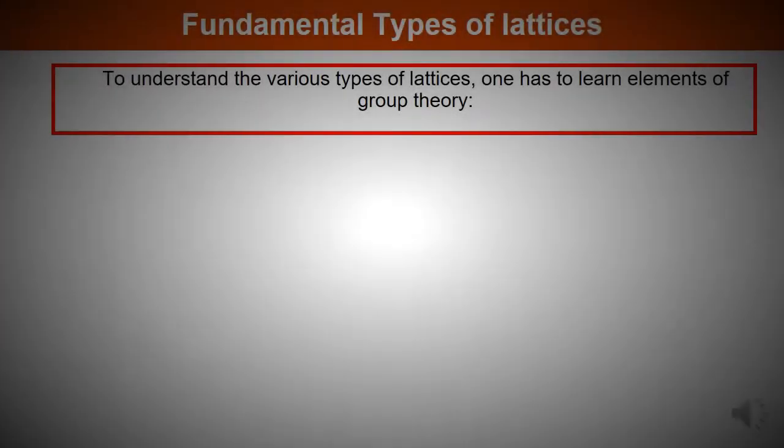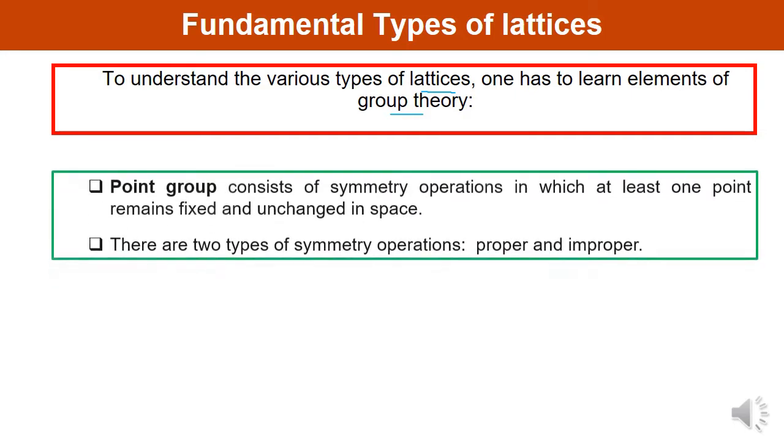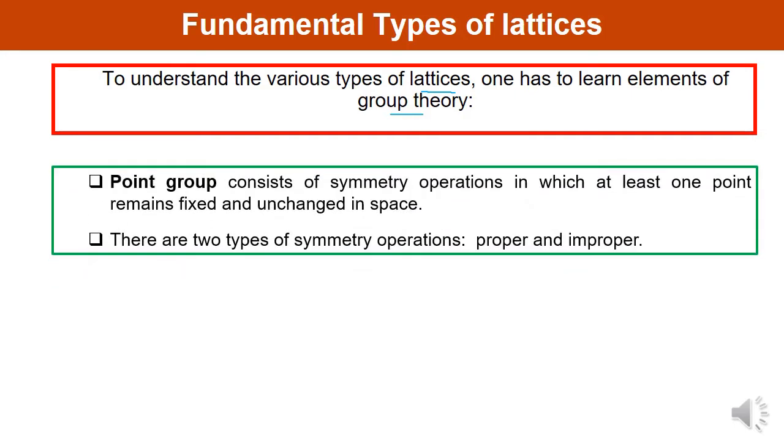First topic is fundamental types of lattices. What do you mean by lattices? Why study this particular topic? To understand the various types of lattices, one has to learn the elements of group theory. Basically, there are two parts which you have to learn very well. First is point group.